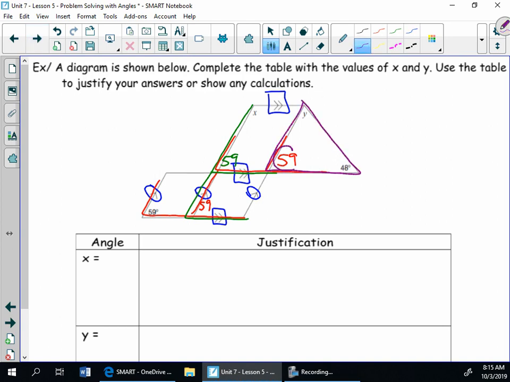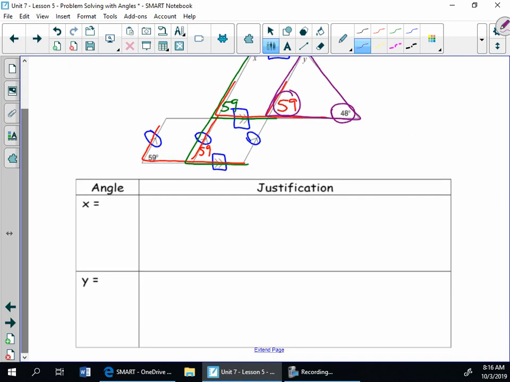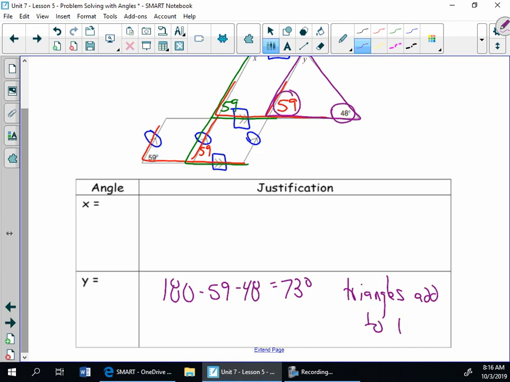I now have two parts of my triangle. I can get y. Y is equal to 180, take away 59, and 48. If I do that math, we end up with 73. And y, triangles add to 180 degrees. Here's my answer for y, 73.